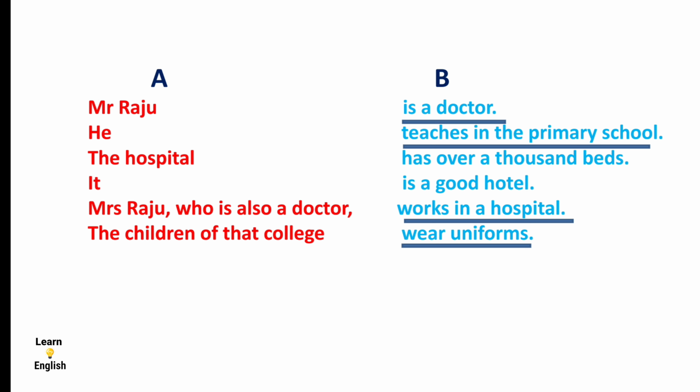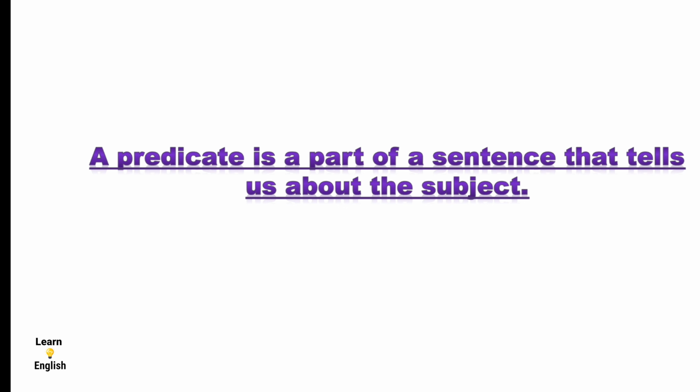A verb with a complement: is a good hotel. A verb with an object: has over 1,000 beds. Here we can define predicate as a part of a sentence that tells us about the subject.